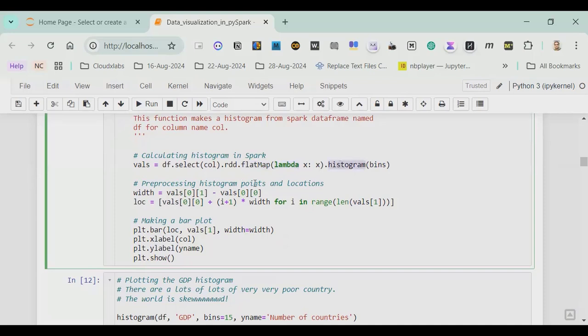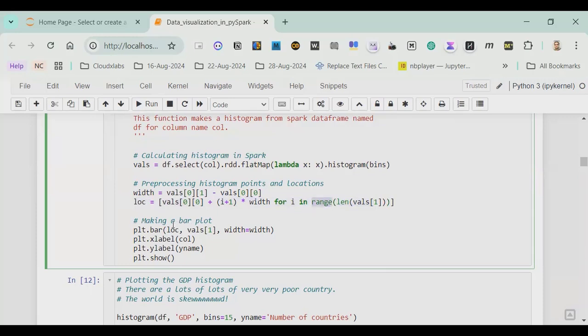We want to pre-process the histogram points and locations, so I'm giving the width as well, with values 0 and 1, and the location the same way. Here I'm using list comprehension style, with the range of the length of the total.